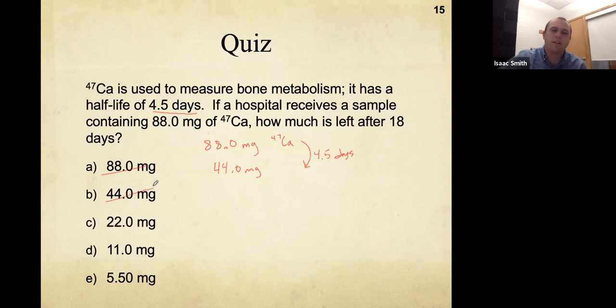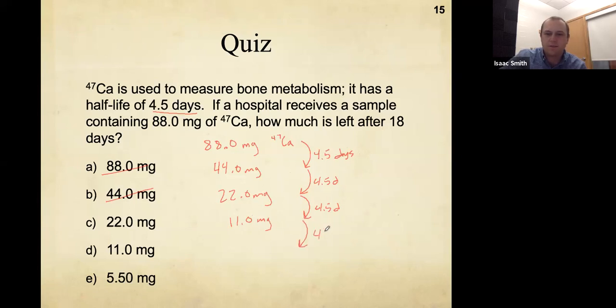So we're starting with this, so that's not the answer. After 4.5 days, we have 44.0. If we do another half-life, that's another 4.5 days, right? That would get us down to 22.0 milligrams, a total of 9 days. Another 4.5 days gets us down to 11.0 milligrams, a total of 13.5 days.